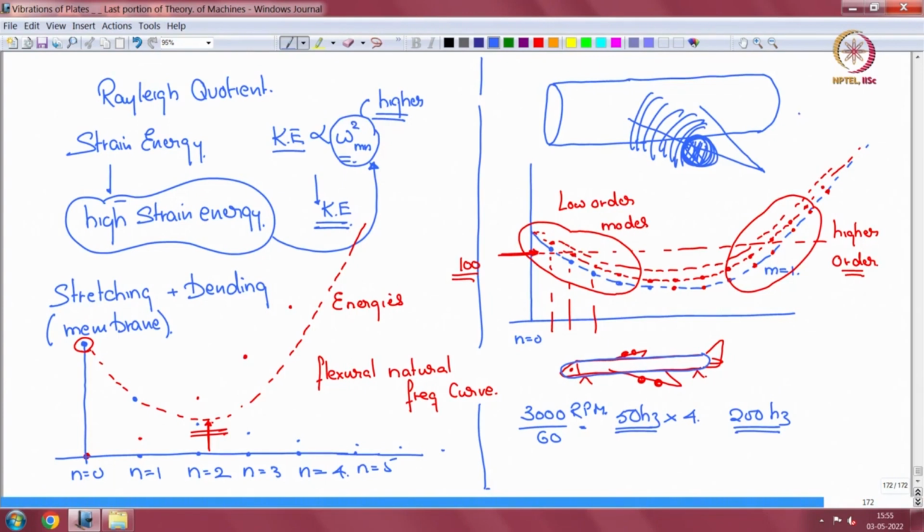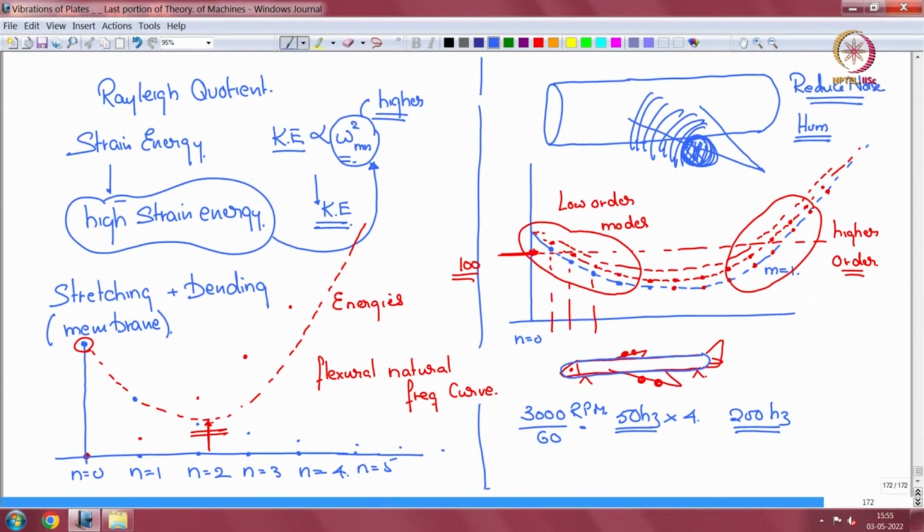You will hear the engine hum, and it can be really bad. So now you have to control or reduce noise inside the aircraft. It's a noise control problem.